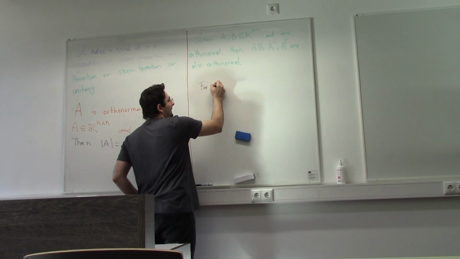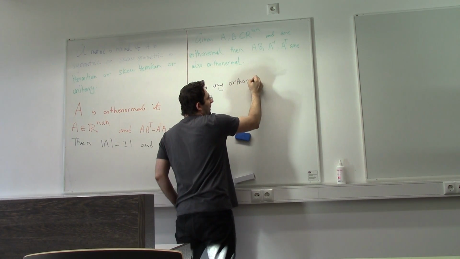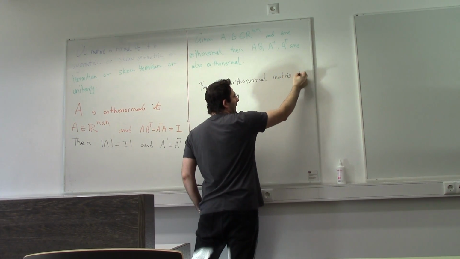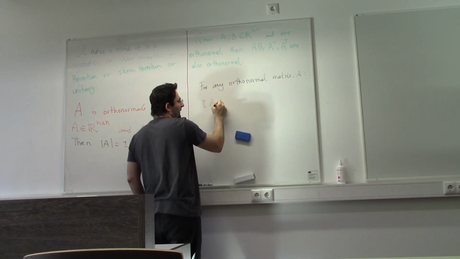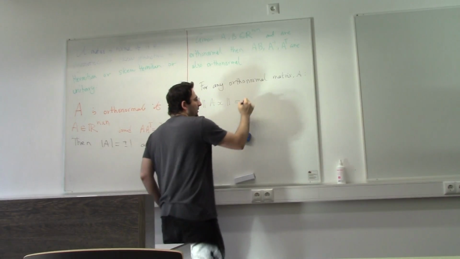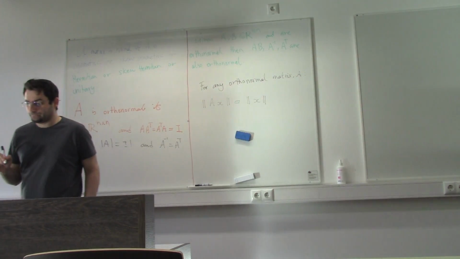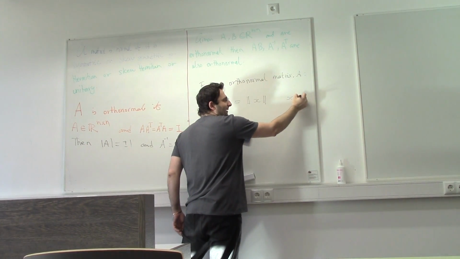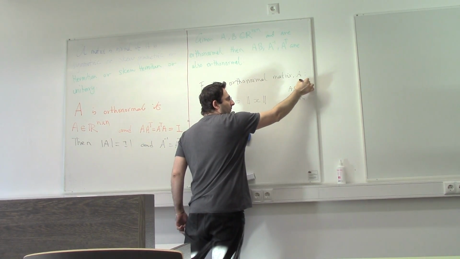And for any orthonormal matrix A, we have the second norm of AX equal to the norm of X, of course, because we want to have the multiplication preserve the value. It's in R^n, where A is in R^(n by n).